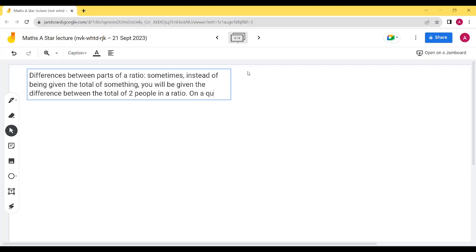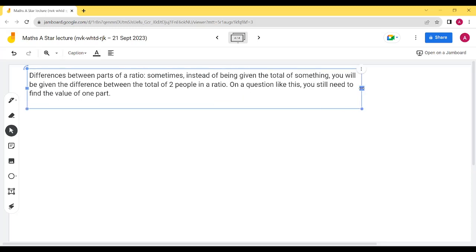And so on a question like this, you basically still need to find the value of 1 part. And in fact, I'm going to do this all the way across the top because I'm going to put the question across here as well.